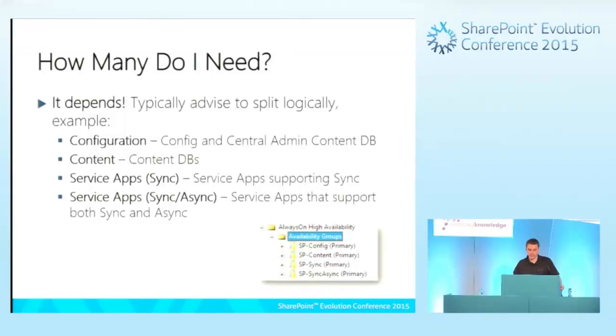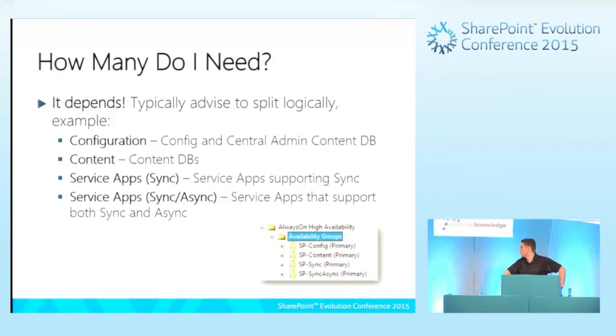And one of the key questions when we talk to customers about Always On is how many Always On availability groups do you need for your environment? And as with any good consultant, standard response, it really depends. It depends on what you're looking to achieve. Now, for my test rigs and demonstration environments that I'm using today, I've created 4 availability groups. And they're split as follows.